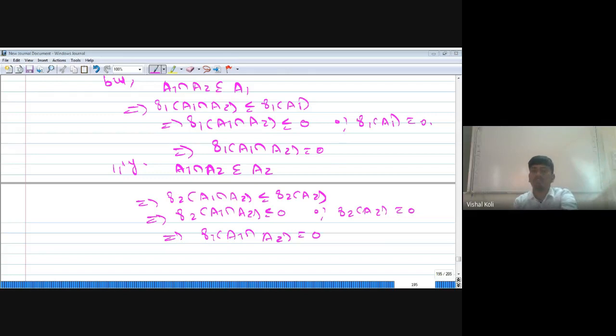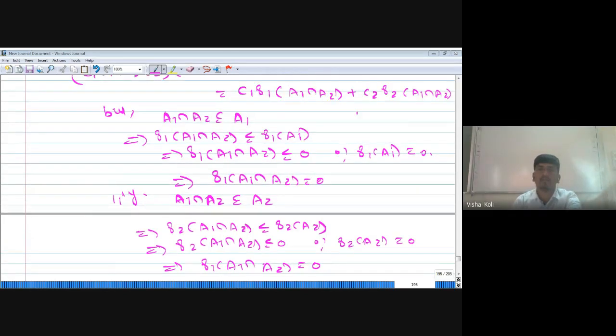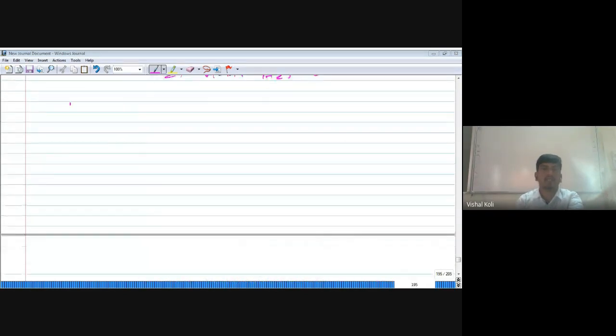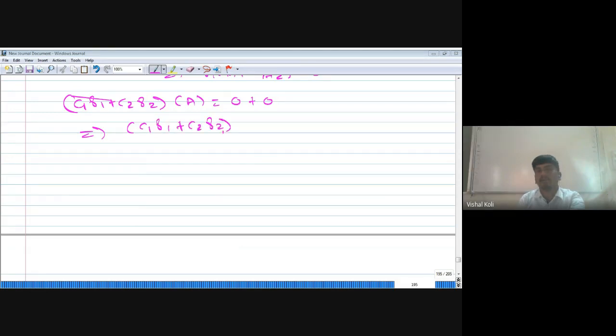Now put those values in this one. So we get C1 gamma 1 plus C2 gamma 2 of the set A equal to 0 plus 0, which implies C1 gamma 1 plus C2 gamma 2 of A equals 0.